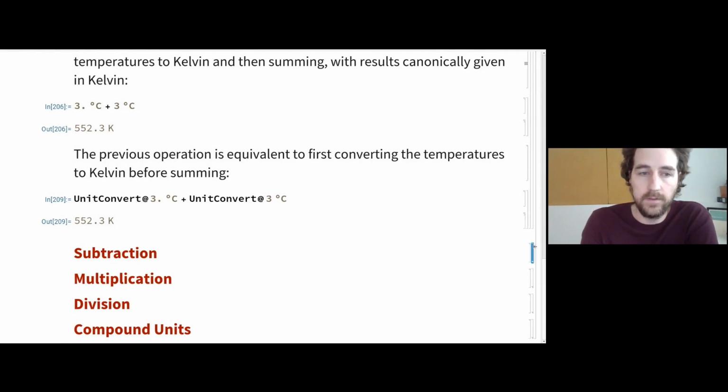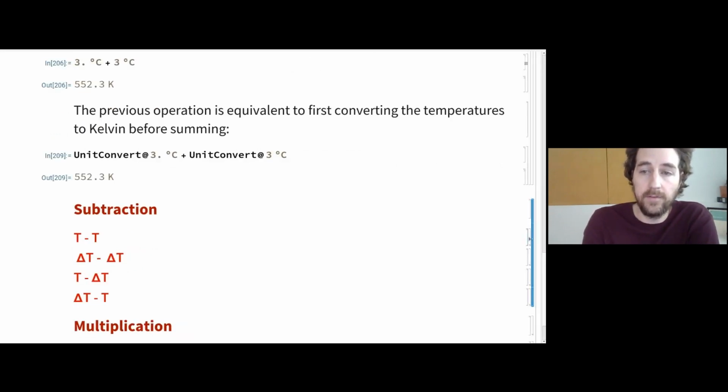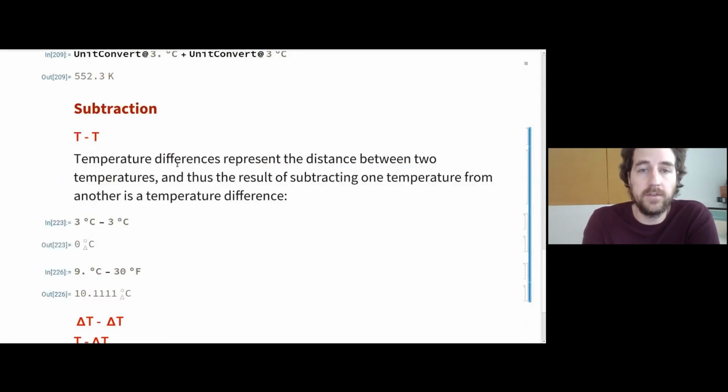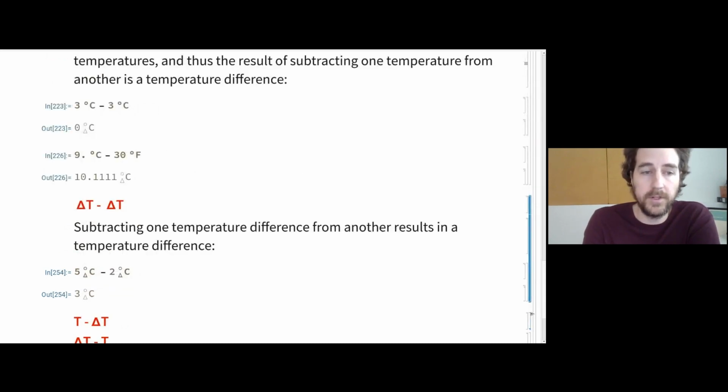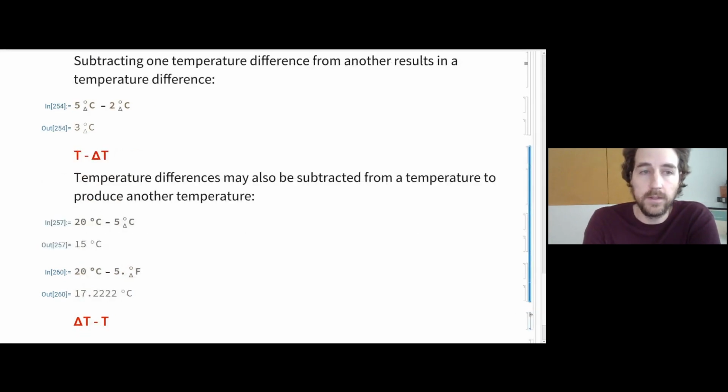For subtraction, the fundamental definition of a temperature difference is the difference between two temperatures. So you subtract one temperature from another, you get a difference, regardless of scale again. Temperature differences can also be subtracted from each other and remain a temperature difference. If a temperature difference is subtracted from a temperature, it's like adding a temperature difference, we get a temperature back.